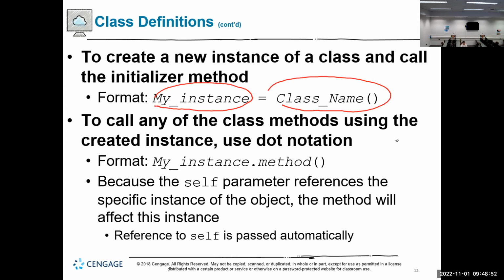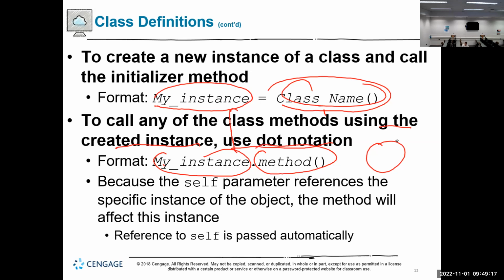And to call any class method, you know that for every class, when you define it, you have some methods, right? If you want to call any of the class methods, you use the created instance and the dot notation. See that syntax: my_instance is the instance generated from the class name, and with it you can call the methods you defined in the class.